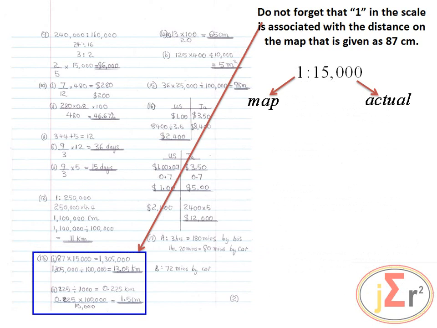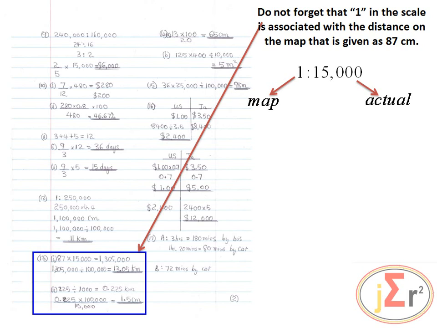Number 13. A scale of 1 in 15,000 is used to draw the map of a city. Calculate the actual distance in kilometers between 2 points in the city which lie 87 centimeters apart on the map.